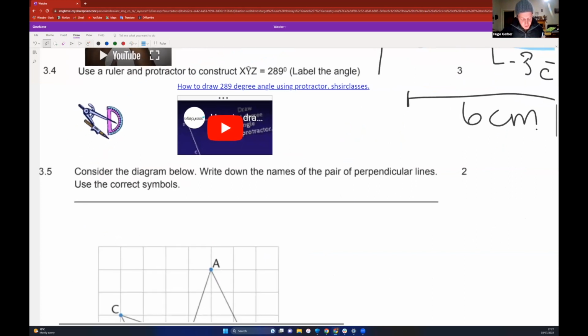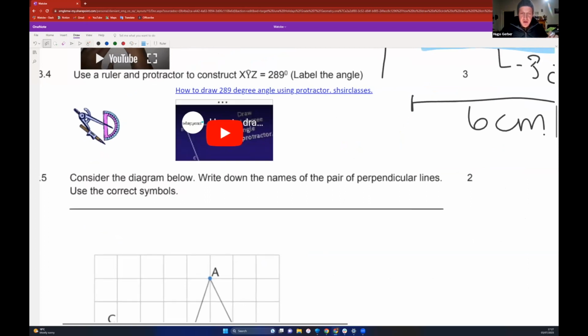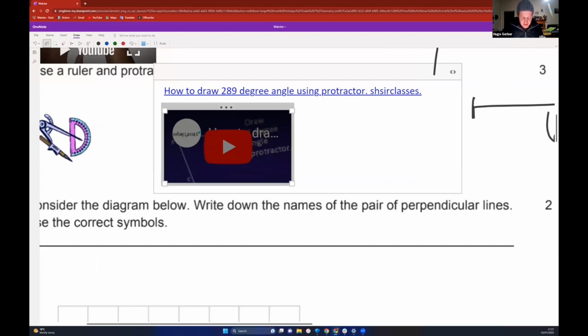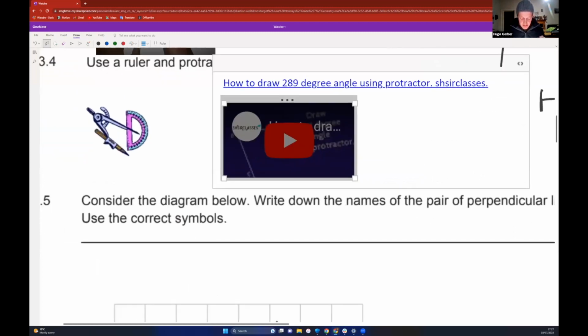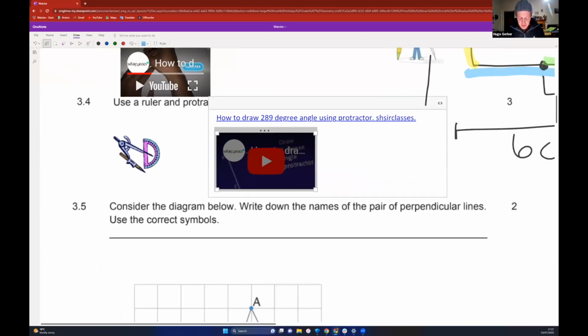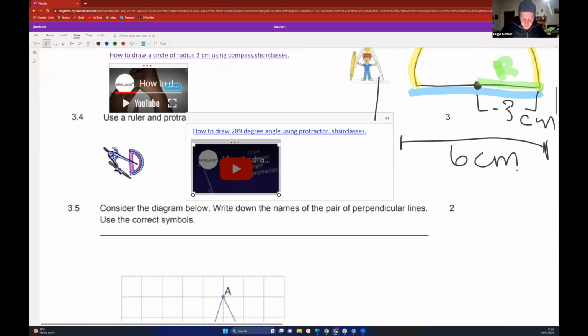Okay, 3.4. I'm not going to try that YouTube video again. Let's all try to do 3.4. We're using a ruler and a protractor to draw an angle of 289 degrees.